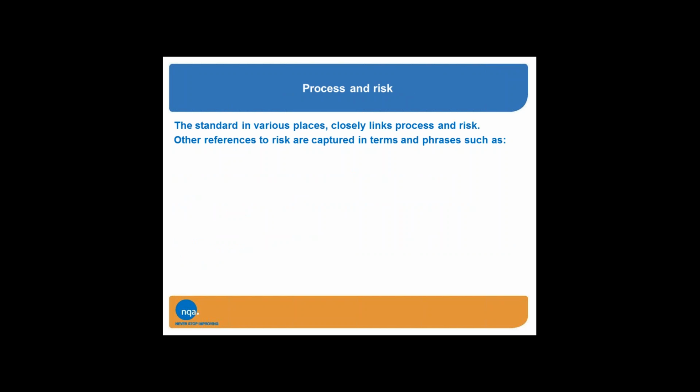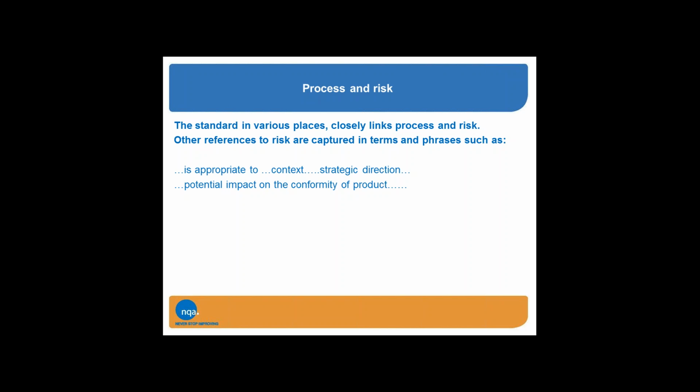However, there are other references to risk, but it's not necessarily called risk. There's different terminology, different terms and phrases. For example, is appropriate to, and we suggest here the context, strategic direction. Ensuring something is appropriate to is one way of thinking about risk. Potential impact on the conformity of product. I suspect that's a phrase that's very familiar to you.